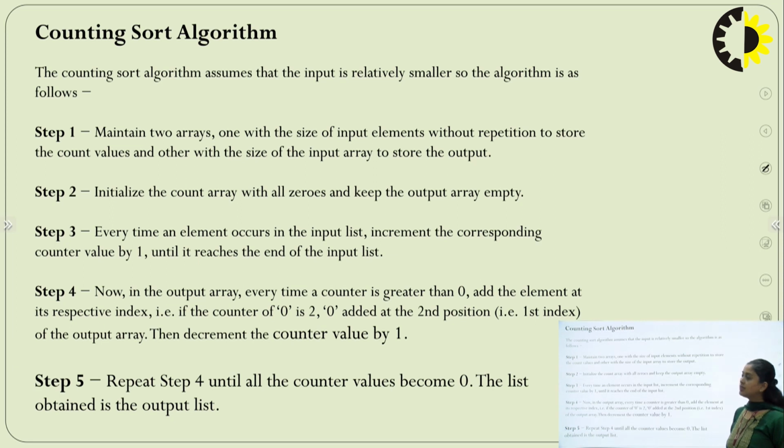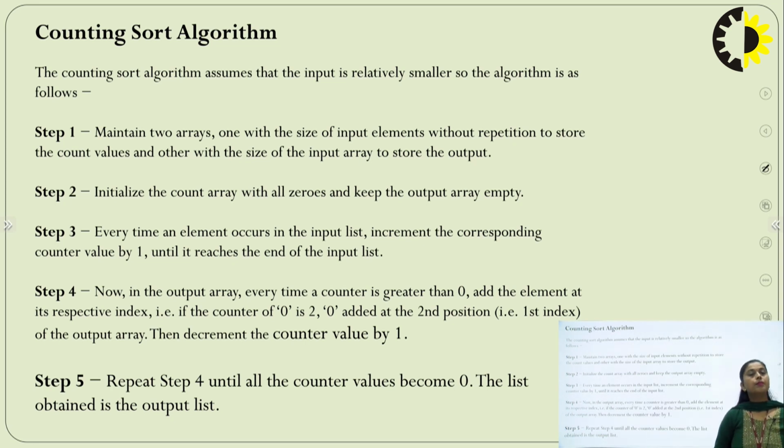The very first step: in this algorithm, we maintain 2 arrays. One with the size of the input elements without repetition, to store the count values, since we are counting how many times a particular element is encountered. And the other with the size of the input array, to store the output, which is the sorted data.